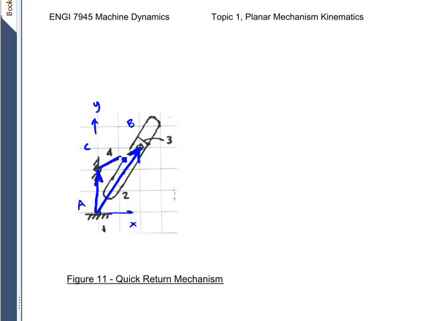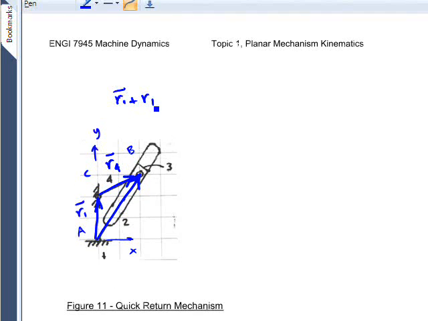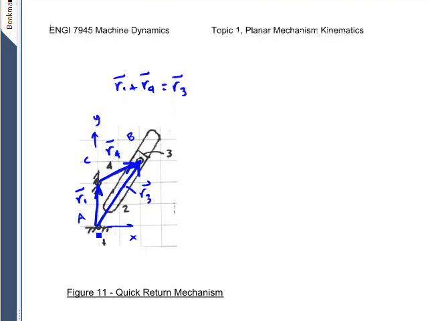So here I have a vector R1 which goes from base points A to C. I've got R1 plus R4, and as link 4 rotates, so rotates vector R4. And then I've got vector R3. So R1 plus R4 equals R3. 2 different ways to get from my origin at A to point B on the slider.